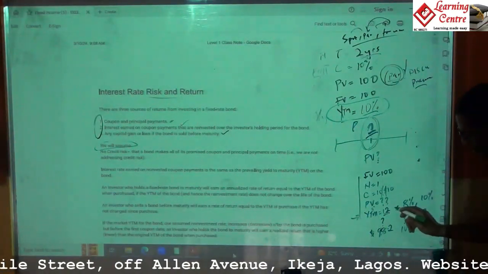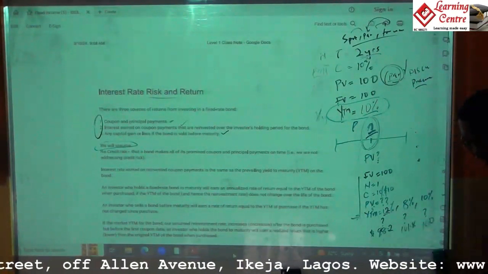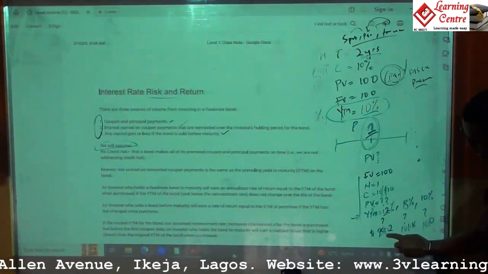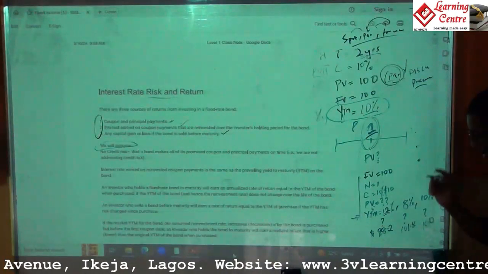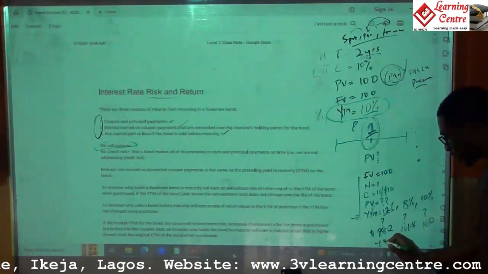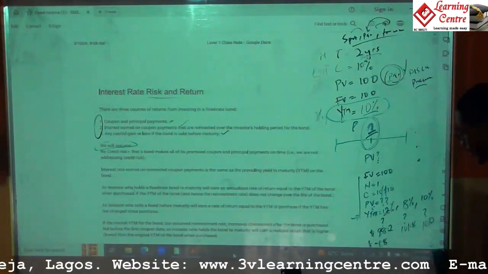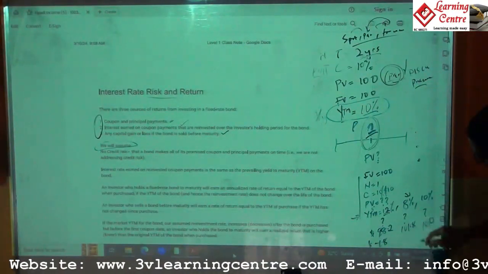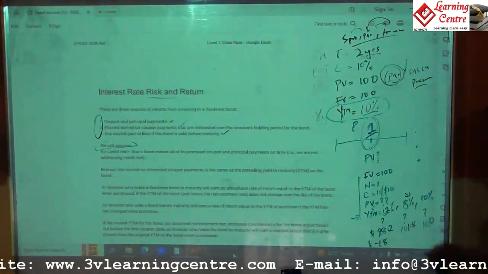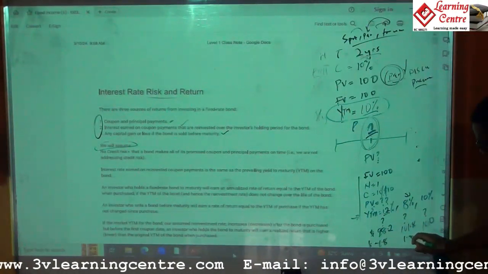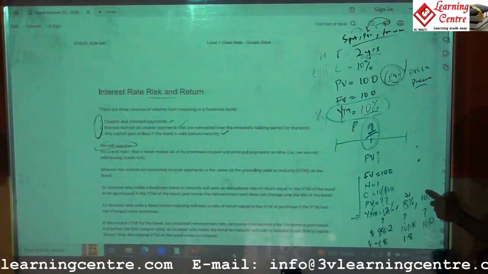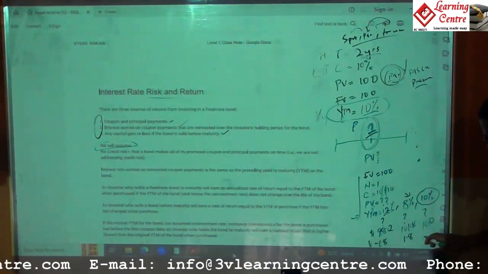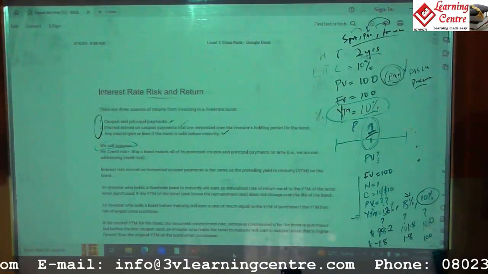So when the yield goes up to 12%, and I'm trying to sell a bond in this market, I'll be selling at 98.2. I'll be taking a loss of 1.8. However, if the yield had gone down to 8%, I'll be selling at a gain of this same 1.8. Or if the yield remains the same, no loss, no gain, I will sell at my face value.